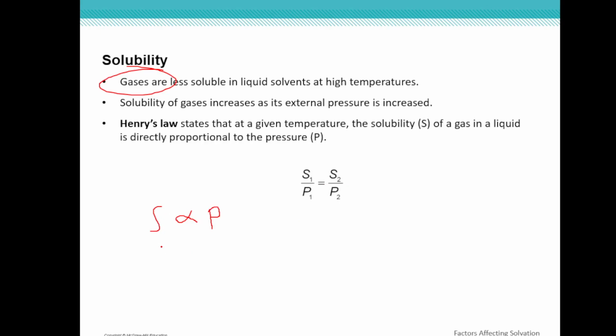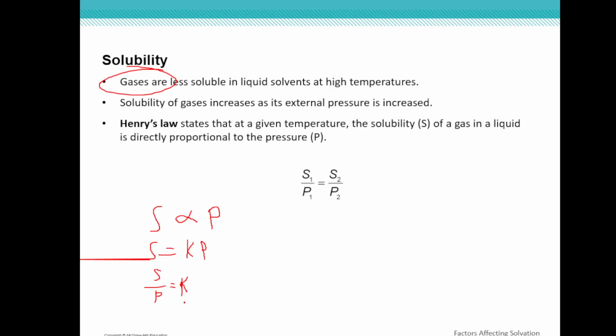Well, to go from a proportion to an equality, you introduce an equal sign and a constant. Solve for that constant: we have S over P equal to the constant K. Sorry, I'm writing with a mouse here.